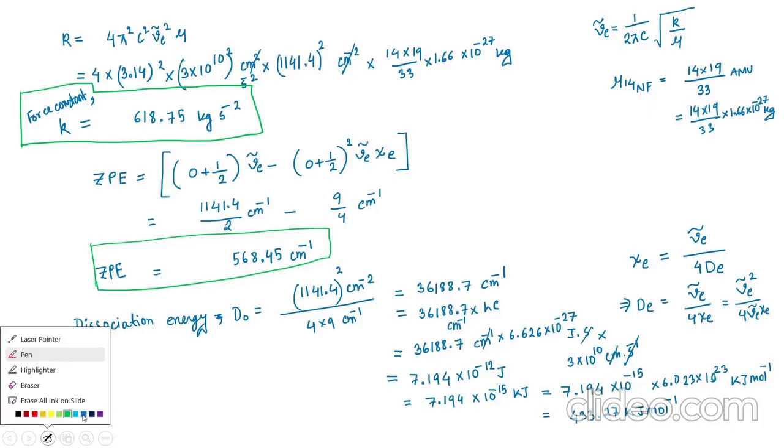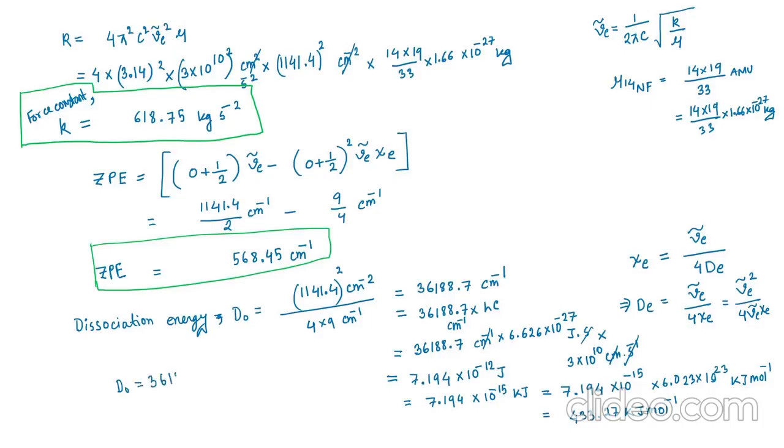Right? Then we have calculated DE as 36,188 centimeter inverse, and also 433.27 kilojoule per mole. So this is actually DE, and what about D0? D0 is 36,188.7 minus the zero point energy, right?